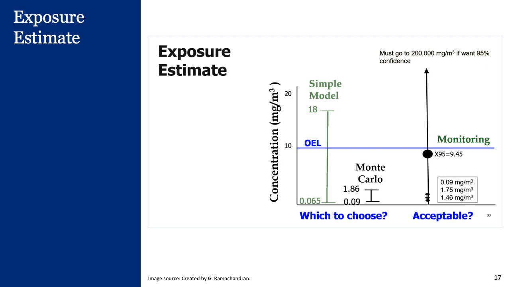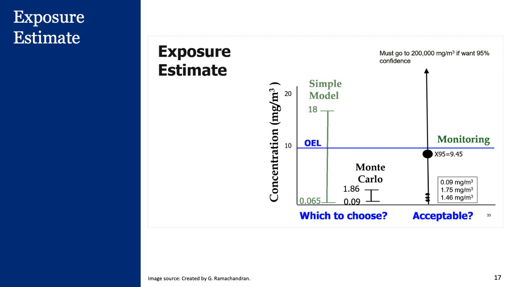So if we compare the 2 modeling outputs versus the result of exposure assessment based on just our monitoring data, we see that, in fact, the Monte Carlo and even the simple best case, worst case model produce narrower estimates of the exposure than a few limited monitoring data.